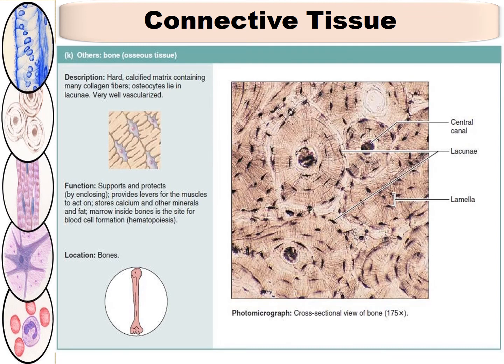Then the 11th type of connective tissue is bone, which is also called osseous tissue. It is composed of hard calcified matrix containing many collagen fibers. Also, osteocytes lie in the lacunae.